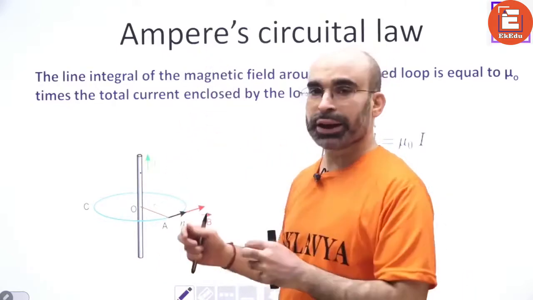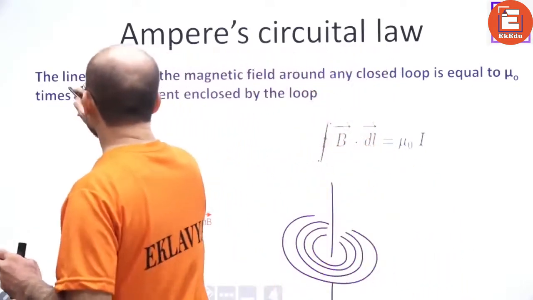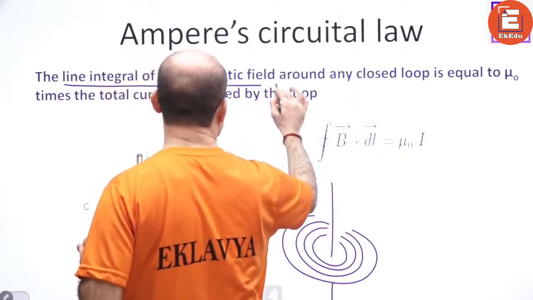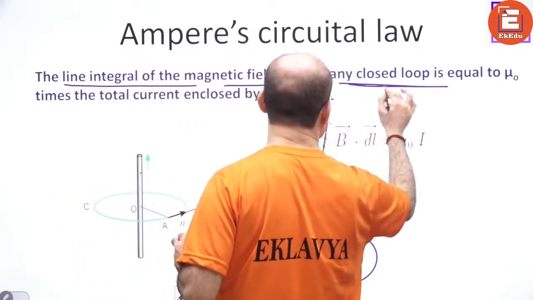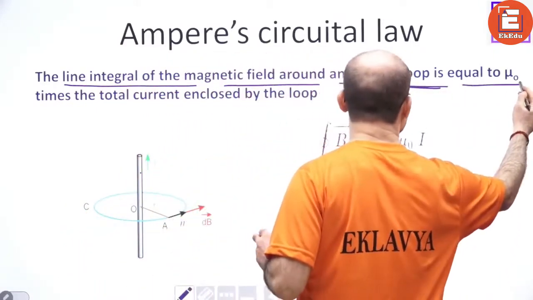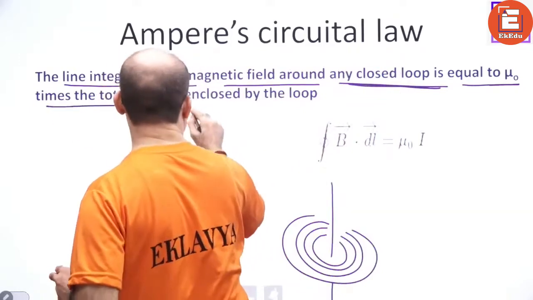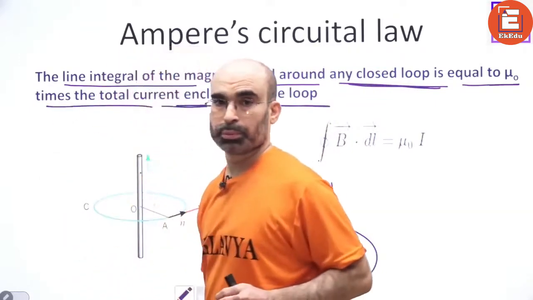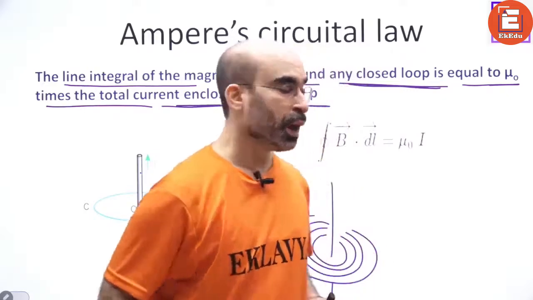Then this law is very simple. The line integral of the magnetic field around an enclosed loop is equal to mu naught times the total current enclosed by the loop.